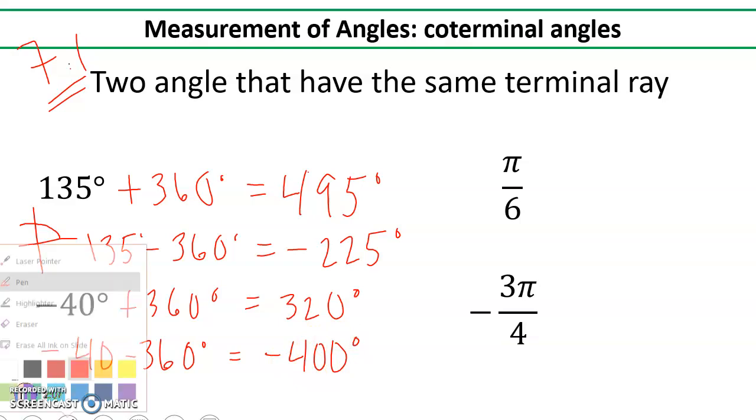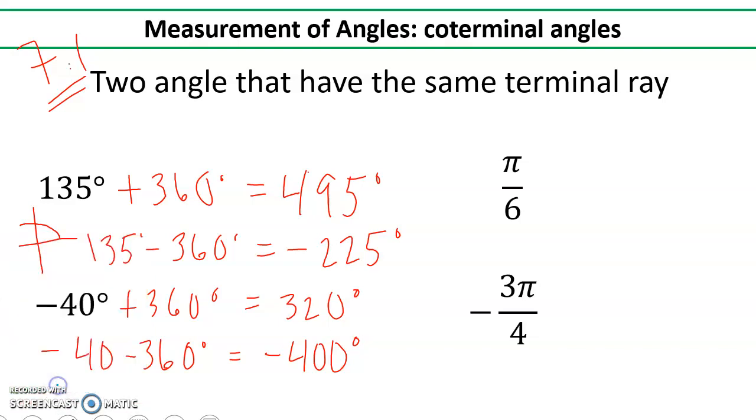If my angle measure is measured in radians, remember that 360 degrees is 2 pi radians. So I'm going to take my angle measure and I'm going to add 2 pi to it. How do I add fractions? I have to make sure that I have a common denominator.